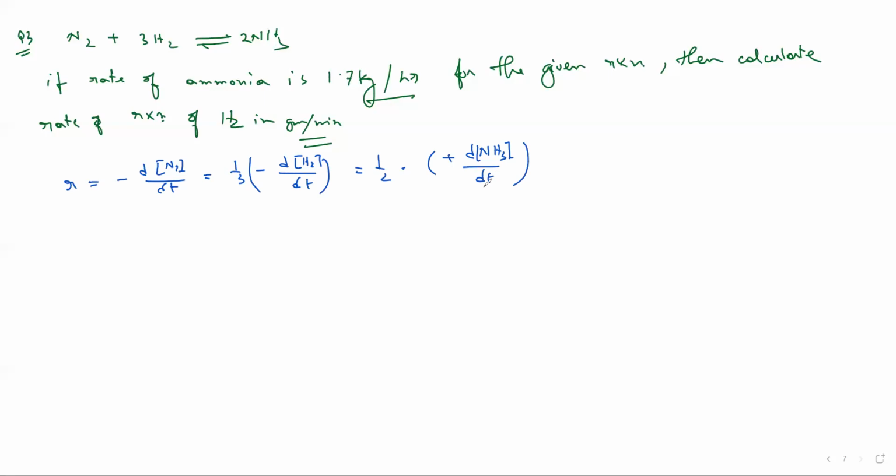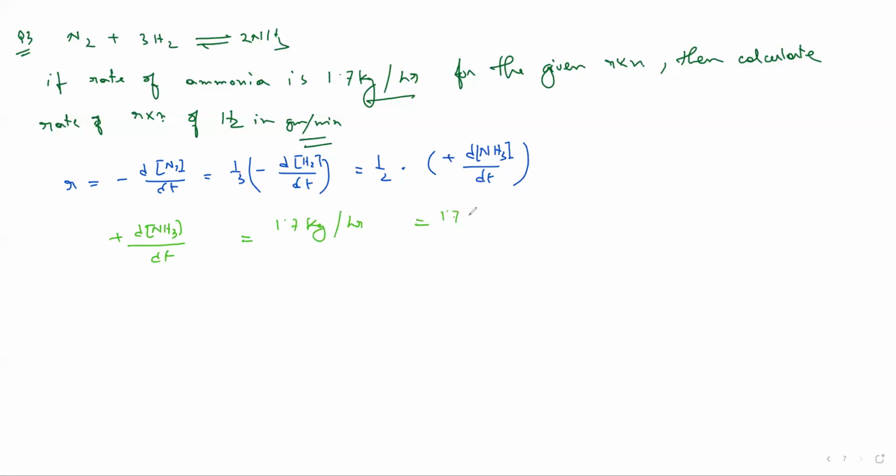Okay. Now d of NH3 by dt, what is given? This one is given 1.7 kg per hour.